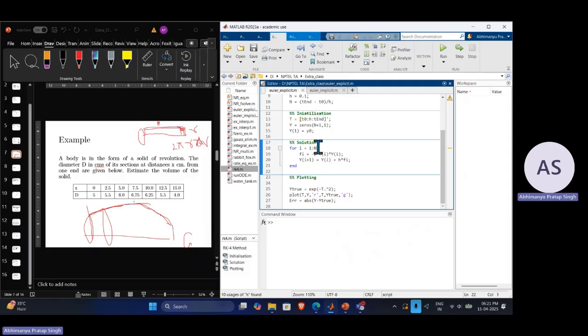Also note that this loop goes from i equal to 1, since y1 we have already calculated, the initial condition that is given to us. So this goes from 1 to n, and we start our calculation from y2. Okay, now let us run this.